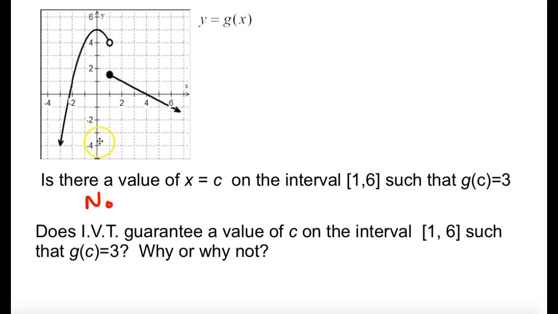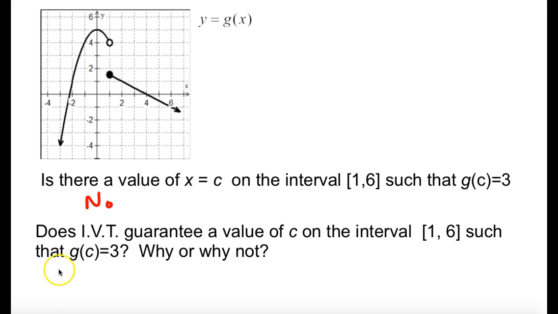And does the IVT guarantee a value of c on this interval? Well, obviously not, since we said the actual answer is no, but why doesn't the IVT apply here? This piece of the graph is continuous, right? But the y values of the endpoints appear to be about 1.5 and -1, right?